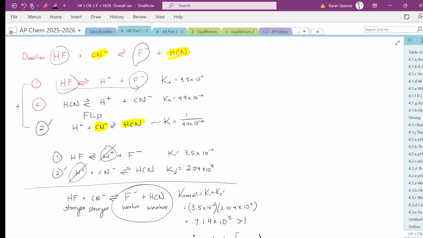Yeah? So I get 7.14285, 7.143 is what I really get. So this is how you could prove it mathematically, if somebody asked you to justify your answer using calculations. That can happen.